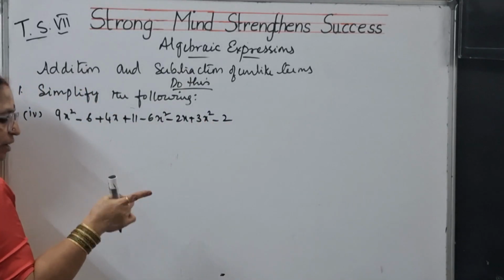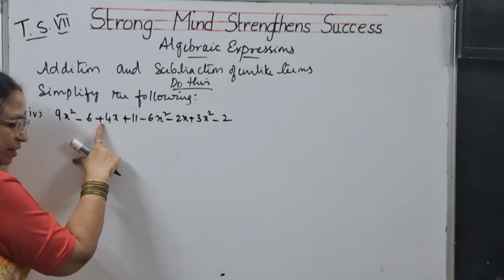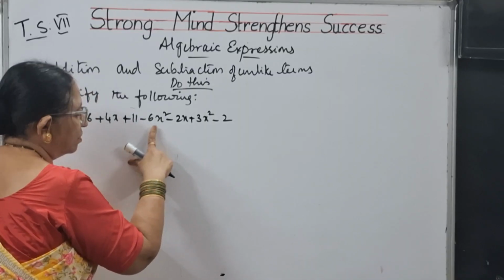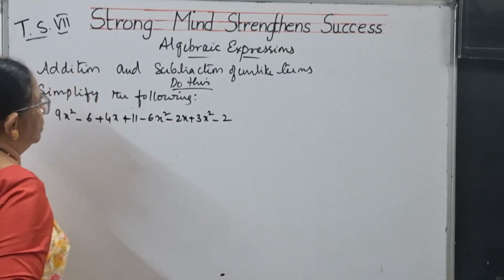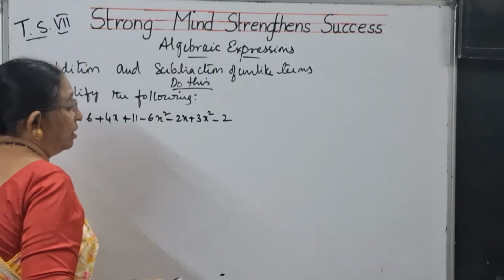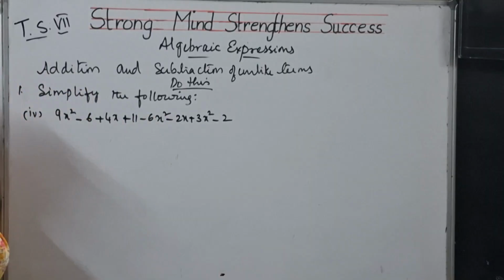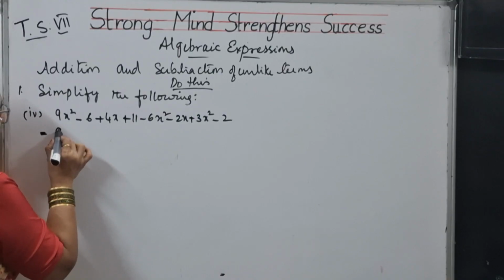See, after copying, let us read once again. 9x square minus 6 plus 4x plus 11 minus 6x square minus 2x plus 3x square minus 2. This way of verification is very important, children. In case when you are copying the problem, if you make any mistake in the signs, the entire problem will go wrong. So now let us write like terms together.